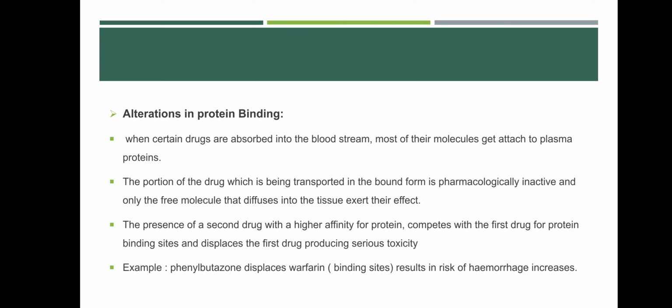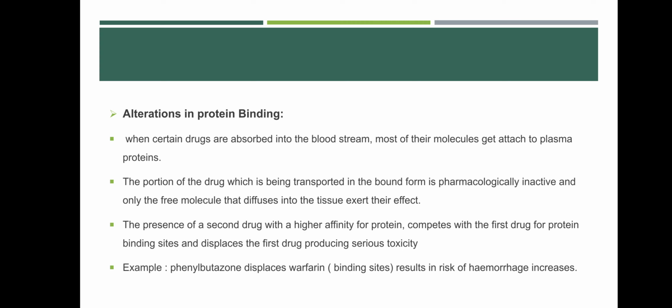The unbound form of the drug is pharmacologically inactive. The bound one is the active part of that medication, and the unbound one is the inactive part. So this free molecule will diffuse into the tissue and show the effect.